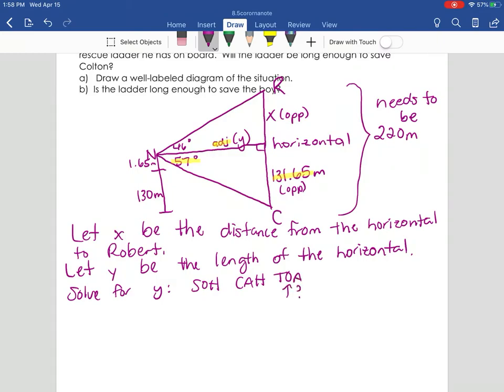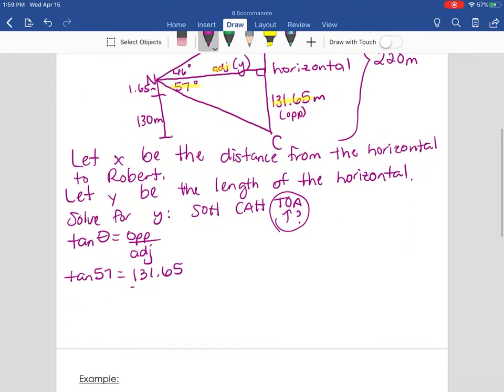We have the angle and we have the opposite side, and we're looking for the adjacent side, which means we're going to use tan. Okay, so tan 57. The opposite side is 131.65. And the adjacent side is Y.